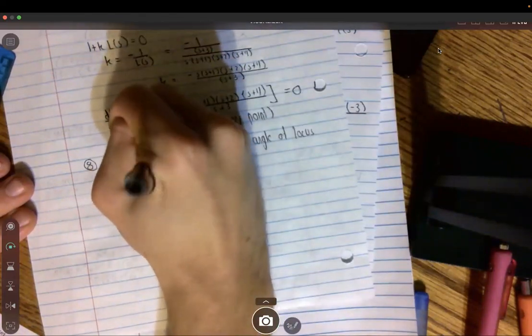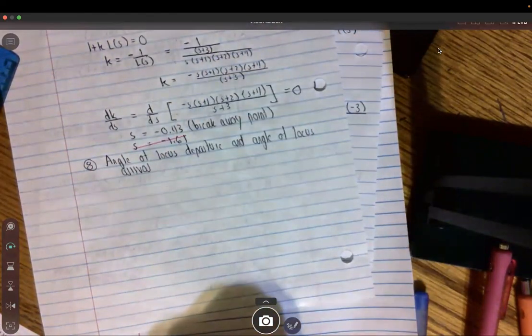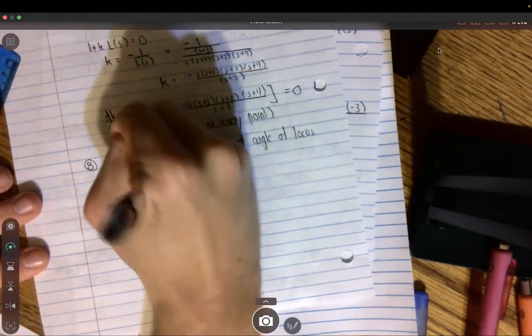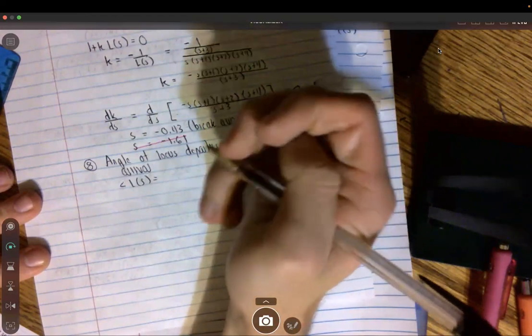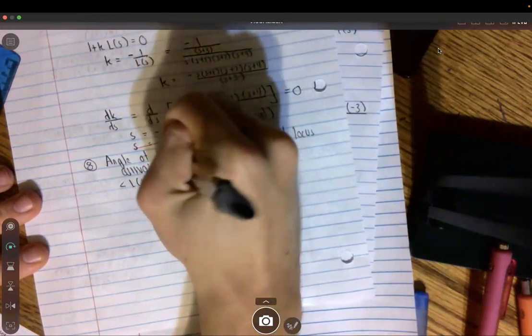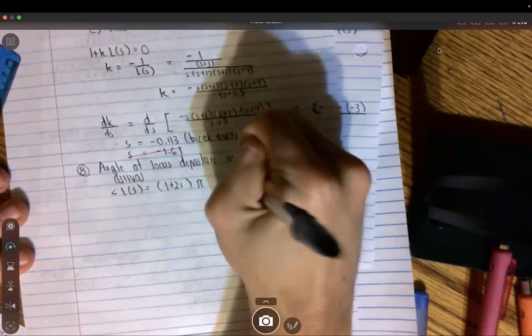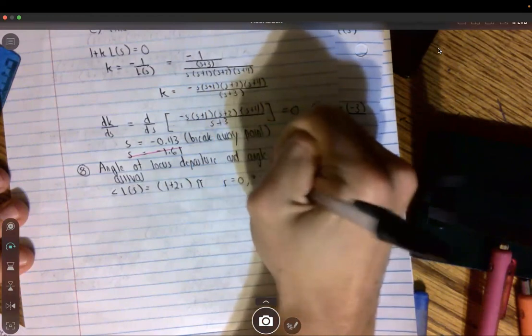In order to determine this, you'll have the angle of L of s, which in your open loop gain is 1 plus 2r times pi, where r is equal to 0, plus or minus 1, plus or minus 2.